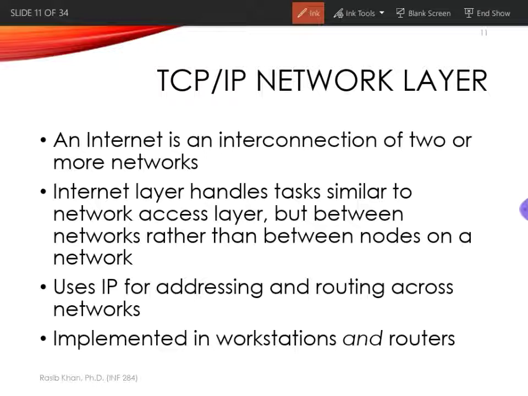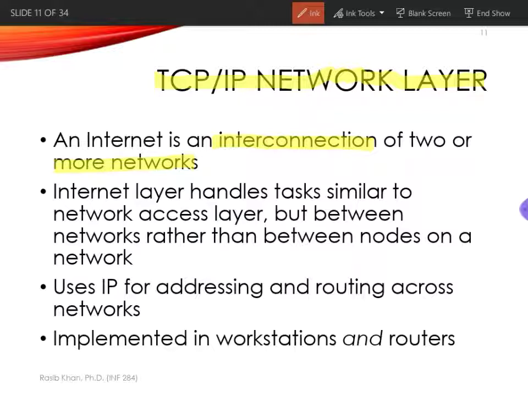The third layer is our network layer. And the network layer handles the tasks between the lower layer, which is the data link layer, and the upper layer, which is the transport layer. And what it does is that it allows you to establish the interconnection of two or more networks.